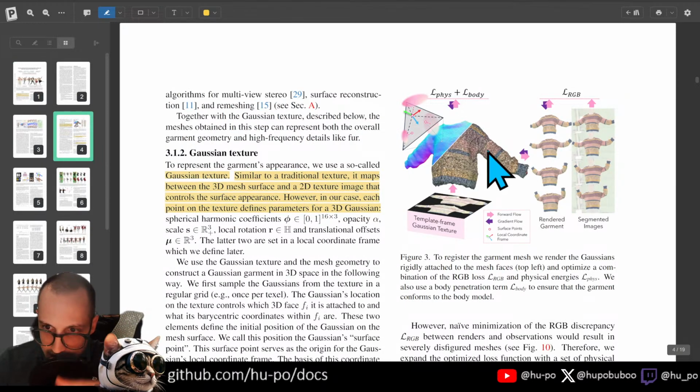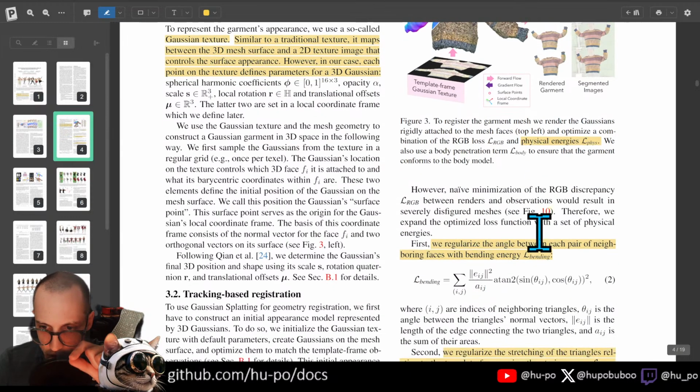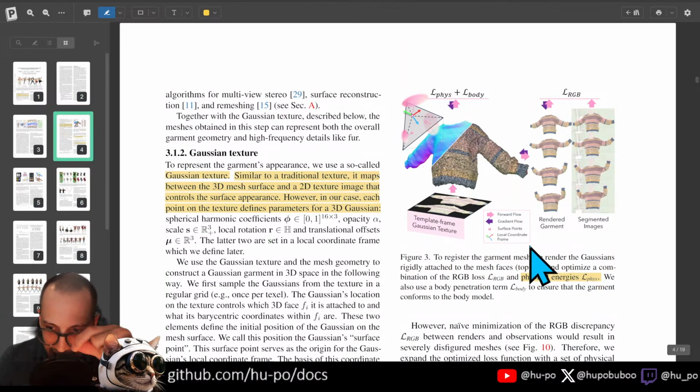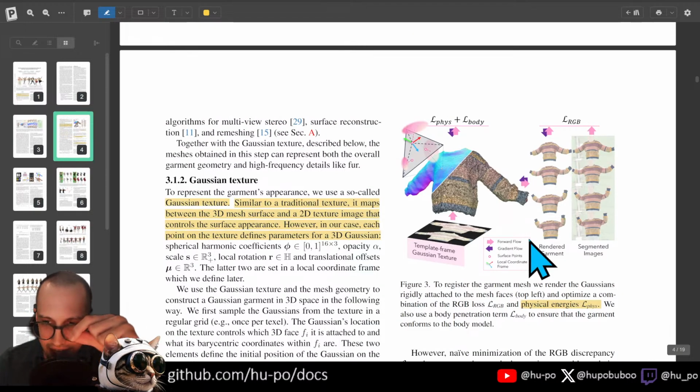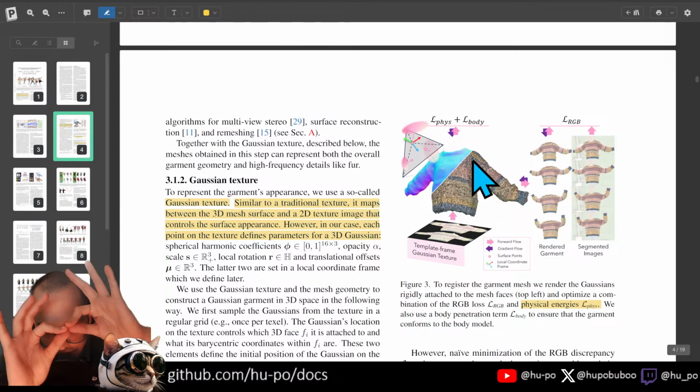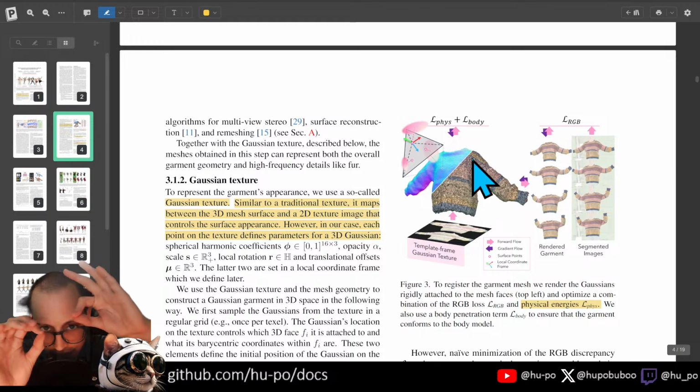But the more important part is this part here, where they have this idea of physical energies. So not only are you trying to get the appearance of the little Gaussian stuck on the vertices of this mesh, but you also look at the dynamics between these little Gaussians, right? Like if the Gaussians have some kind of bending energy. If you have two little Gaussians next to each other that are part of a stretchy t-shirt, and they start pulling apart, you would want something that forces them to not pull apart further, right?